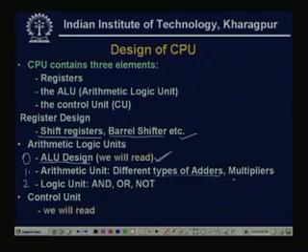Similarly, for multipliers we have seen the normal multiplier, the Booth's multiplier, the array multiplier, different types of multipliers we have already read. So, how the arithmetic unit can be designed, we have already read.